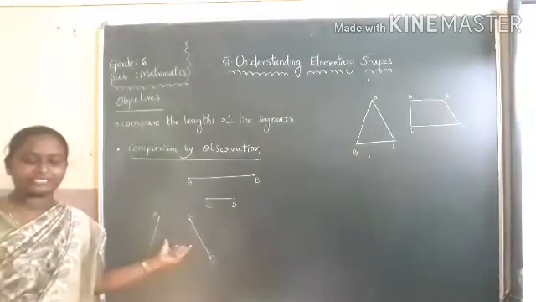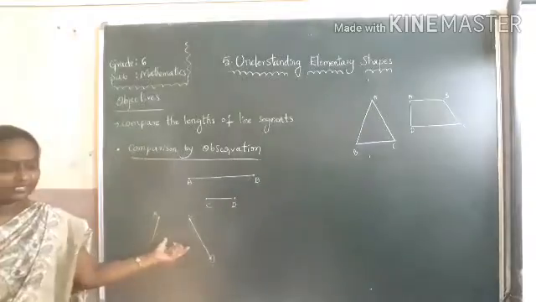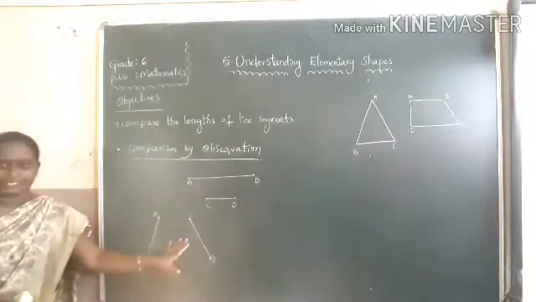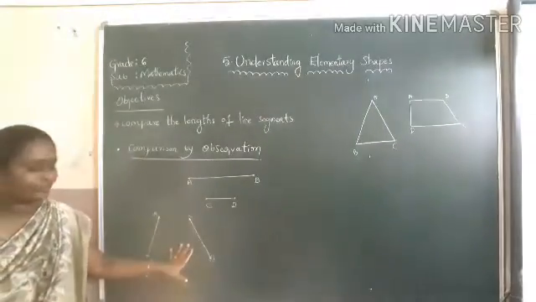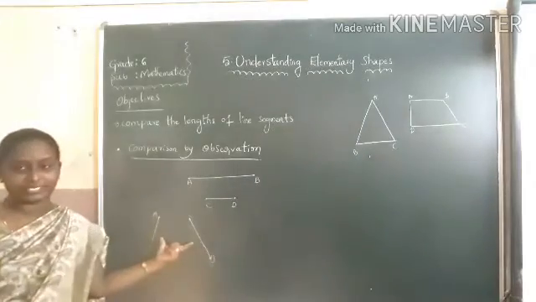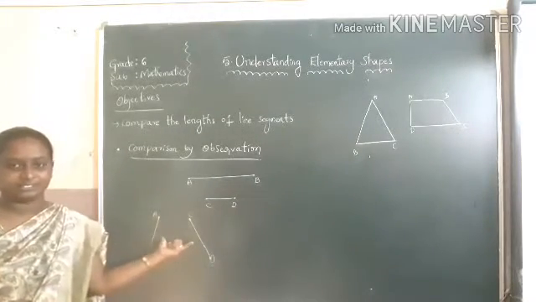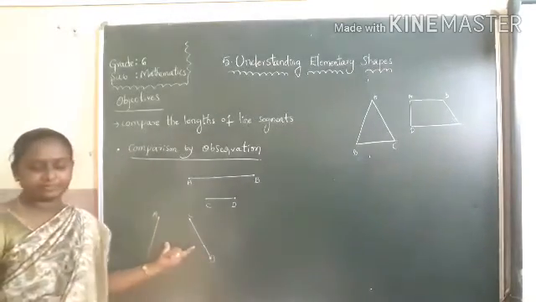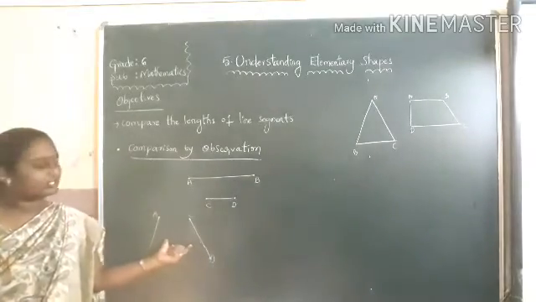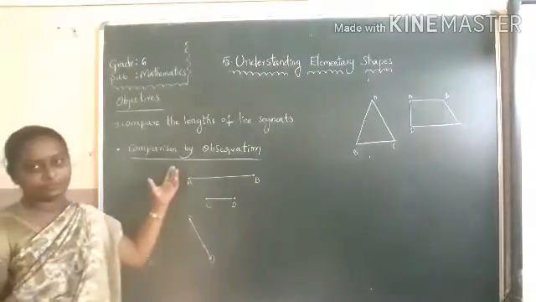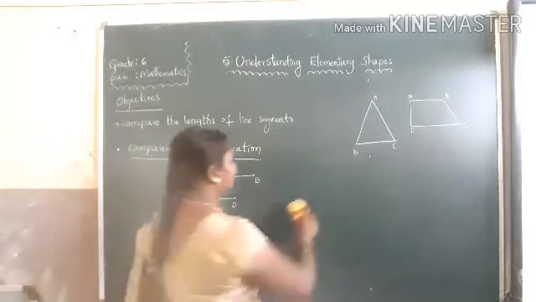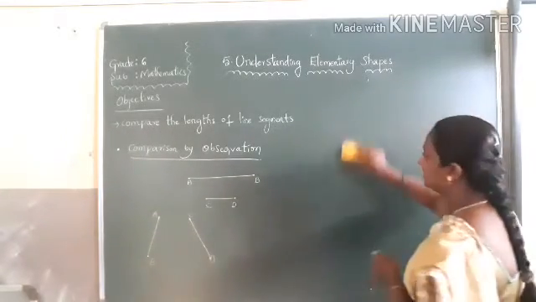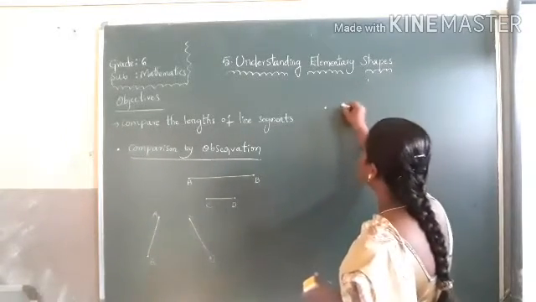We cannot say. Why? Because by observation it is very difficult to say which line segment is longer. So that's why we go for the second method, that is comparison by tracing.